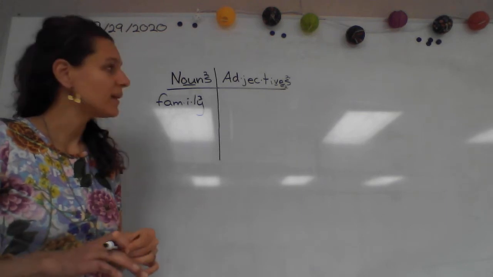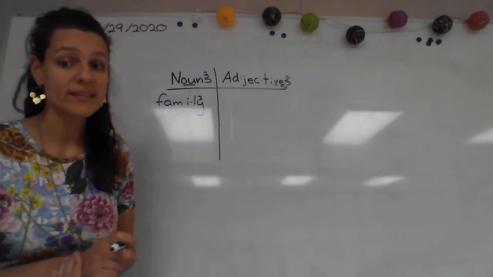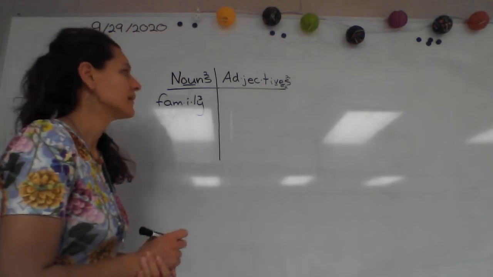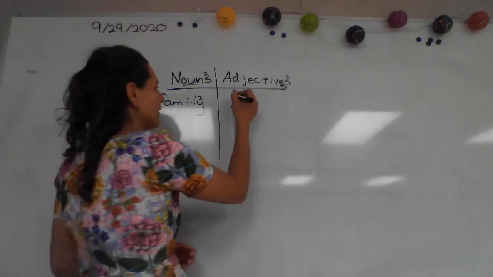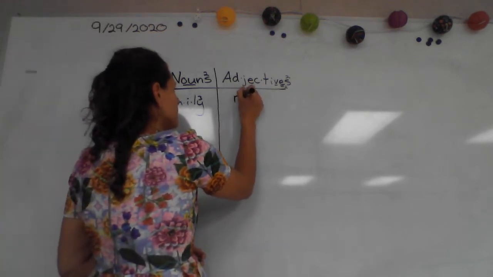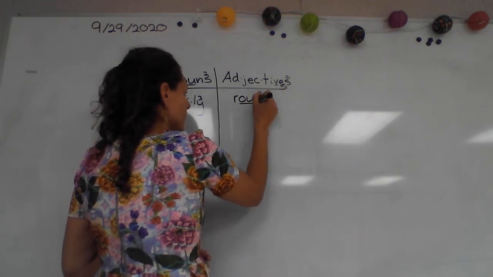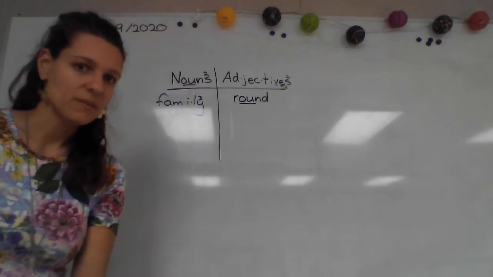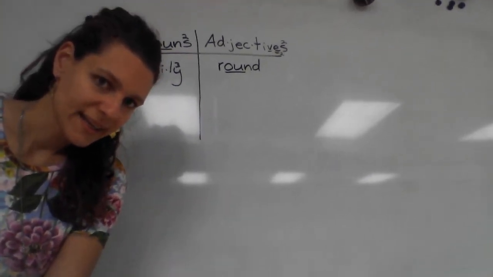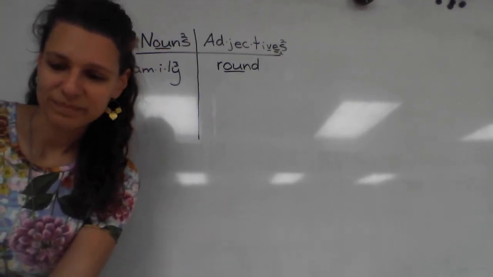But first tell me, which ow do I use in round? Good, ow, oh, ooh. All right, ow, and round. So if you didn't spell that quite right, check it and go ahead and fix it.